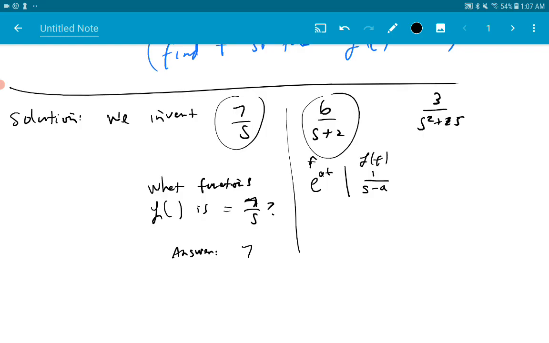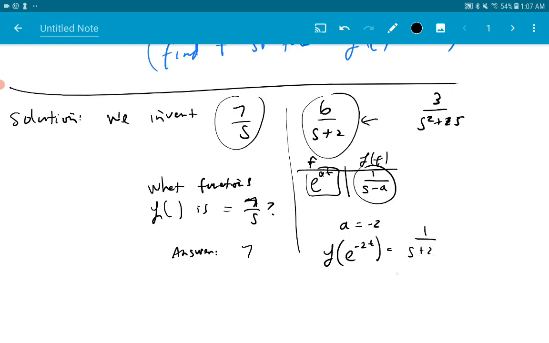So if you went back to that table, this is what you'd find for one of the entries: e to the at goes to 1 over s minus a. See how that looks similar to this? That's the entry you want to find, so we need to figure out what a is. If you just look at it, you'll see a must be -2. So the Laplace transform of e to the -2t would equal 1 over s minus (-2), which is s plus 2. How do I handle the 6? I have to put a 6 in front of it. And that's it.